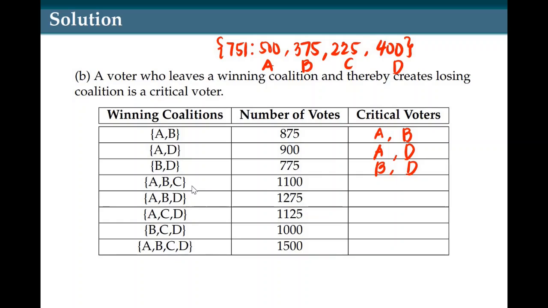Next, for winning coalition ABC with 1,100 votes, if voter A leaves, 1,100 minus 500 gives us 600, and that is less than 751. So voter A is a critical voter.